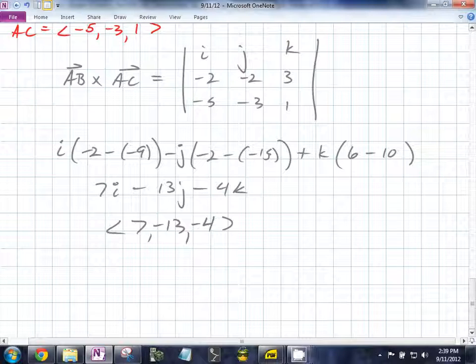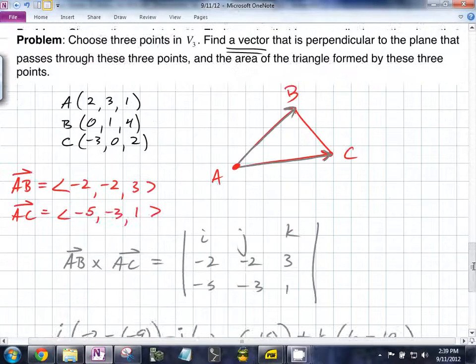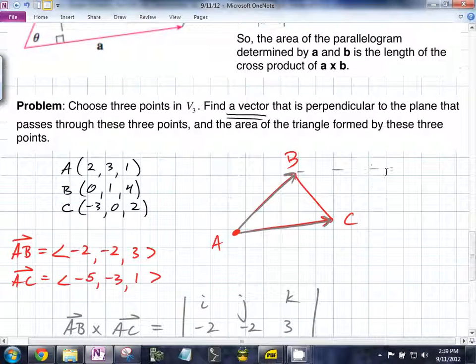And it says find the area of the triangle formed by those three. How do you find the area? The magnitude of that vector. We want the magnitude of this. But I wanted the area of the triangle, correct? Not the parallelogram. So what am I going to have to do? Because this is the parallelogram right there. Divide by 2, exactly. It's just half.